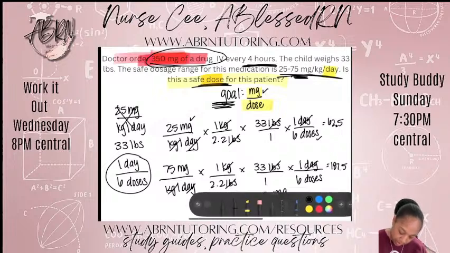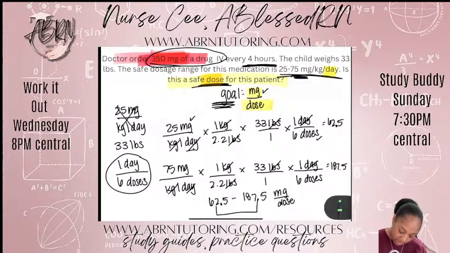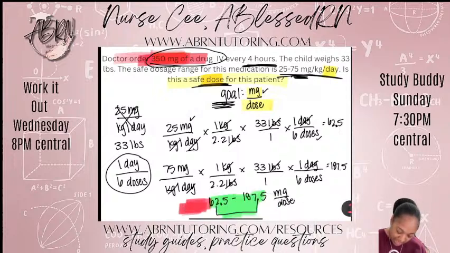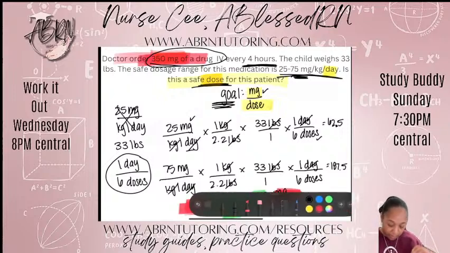Let me get out my little colors. So this right here is the green zone. Anything that's less than that or more than that is the red zone. Okay, so green is safe, red is not. So our order is 350 milligrams, and that is one dose, because it's not per minute, per day, per hour.